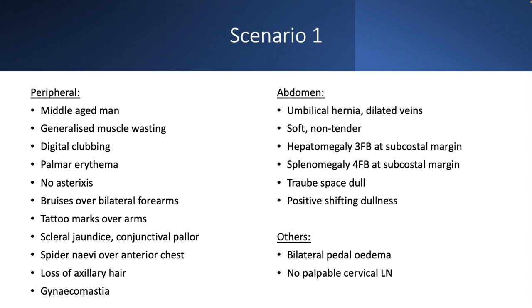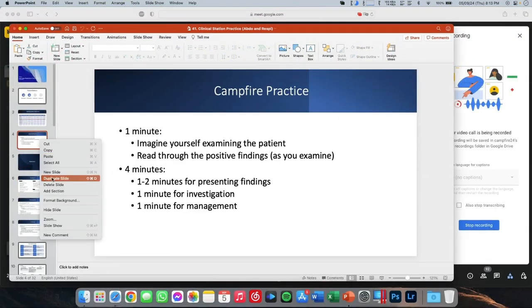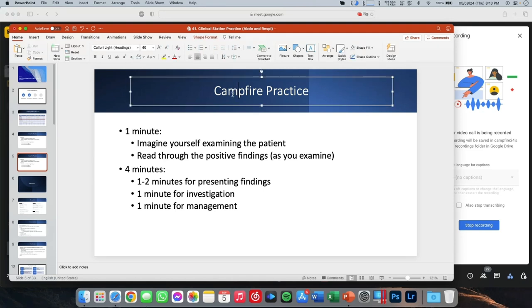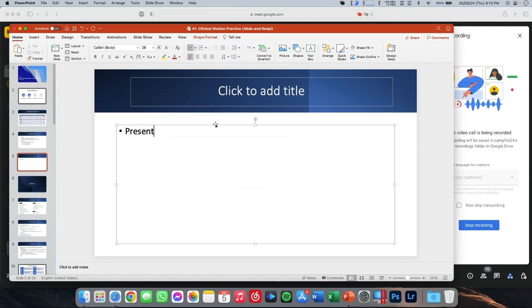We will have to treat the etiology as well as symptomatically manage him. For the decompensation part, I will also treat his portal hypertension and the complications that can arise, like upper GI bleed. So he may need a scope, and then hepatocellular carcinoma screening for this patient as well.